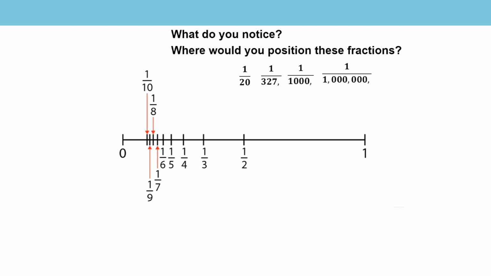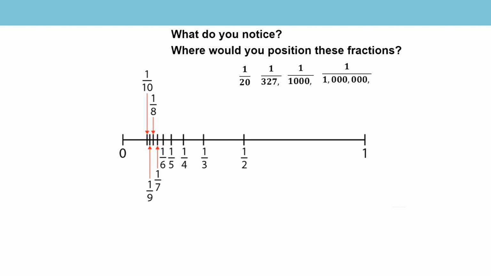Okay, so the fraction that would be closest to 0 would be 1/1,000,000th. And then all the other 3 fractions would be positioned between 0 and 1/10. So all 4 of these fractions would position between 0 and 1/10.